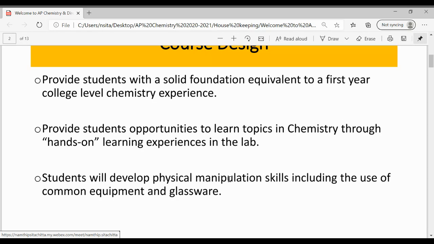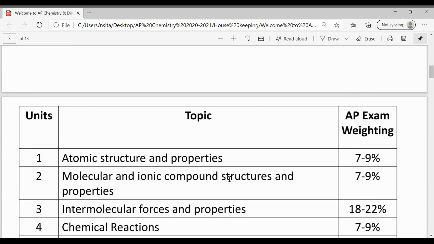We usually have lab once a week. When you do lab, you're not only reinforcing the content that you learn in the lecture, but you also have the opportunity to manipulate glassware and equipment in the lab. Those are the things that are going to be asked on the AP exam.